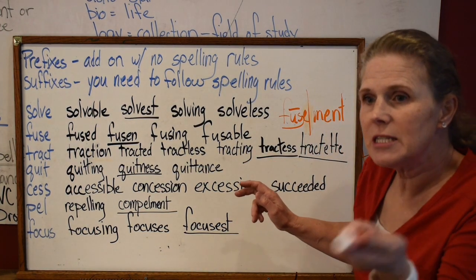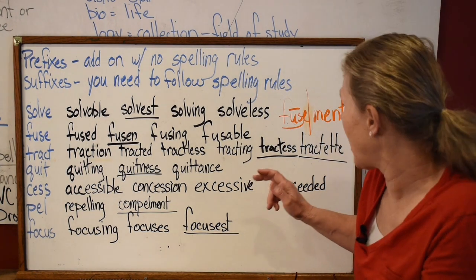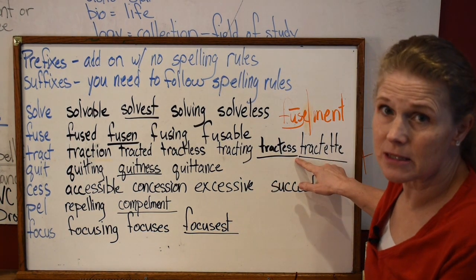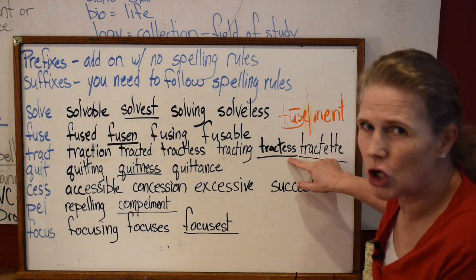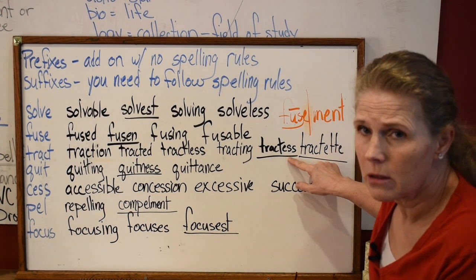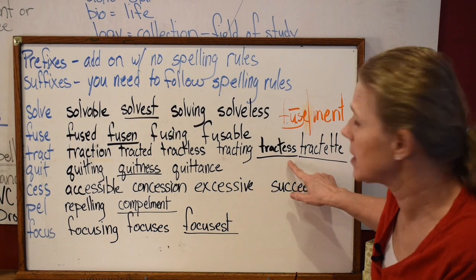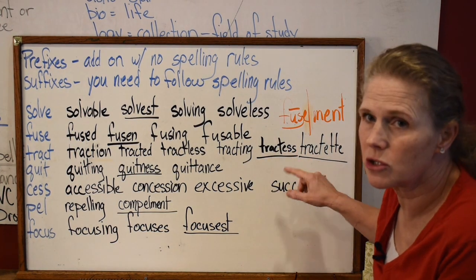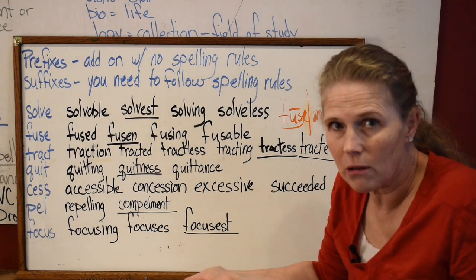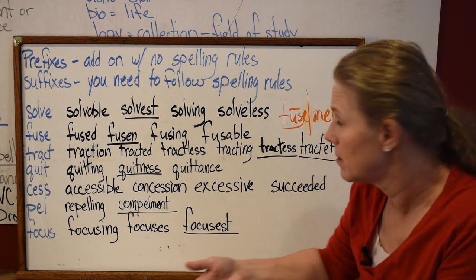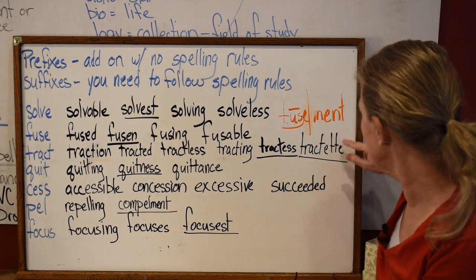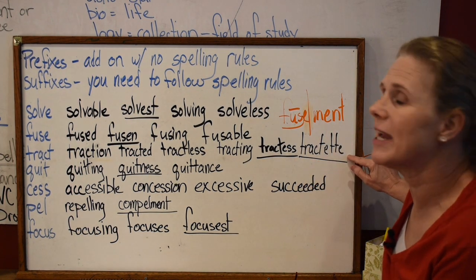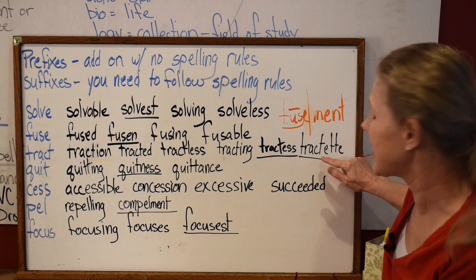But you need to make sure that you're adding on the right suffix, because this says tractus. This suffix means a girl. So this is not a real word, because this suffix, you don't add on to something like this. You add it on to anything that means a girl or a woman, okay? And et means anything small, so it doesn't even make sense to add it on to tract.